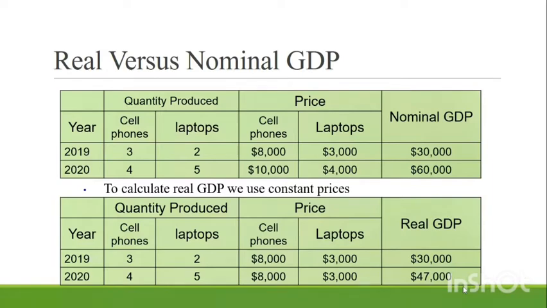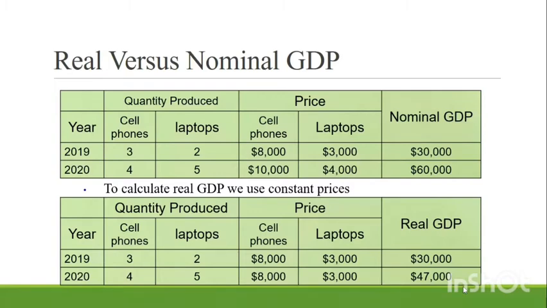Now, if again we calculate the nominal GDP, as you know, nominal GDP is the price of each unit multiplied by the quantity produced of the first unit, plus the price and quantity of the second unit, and so on and so forth.